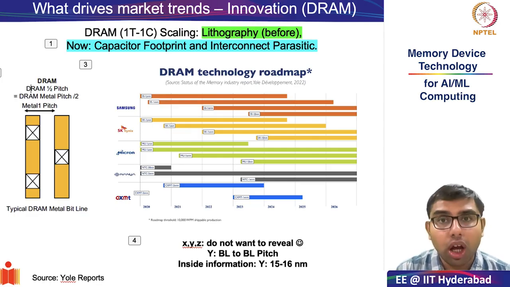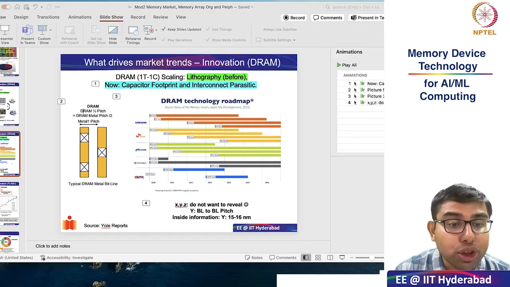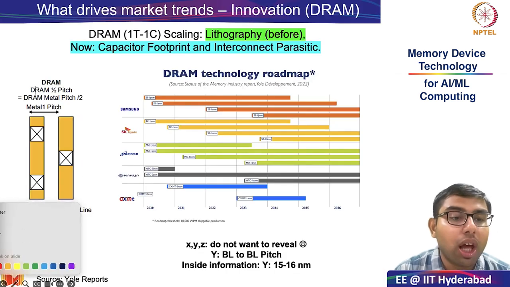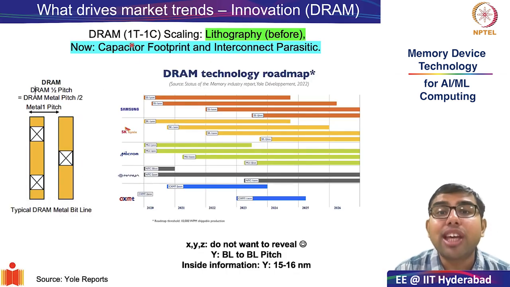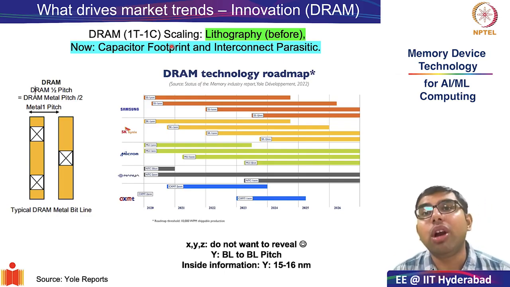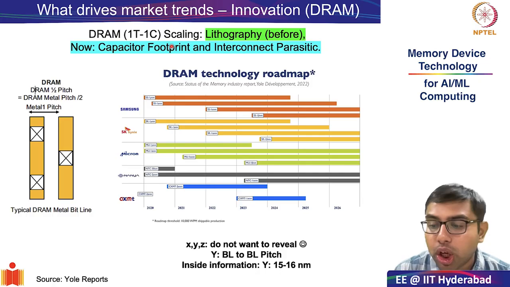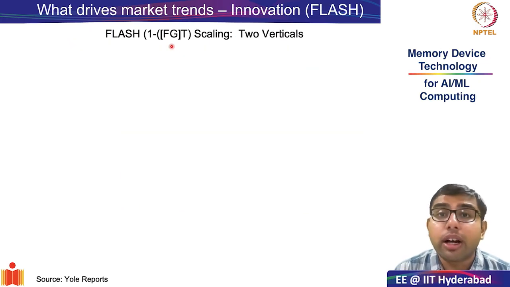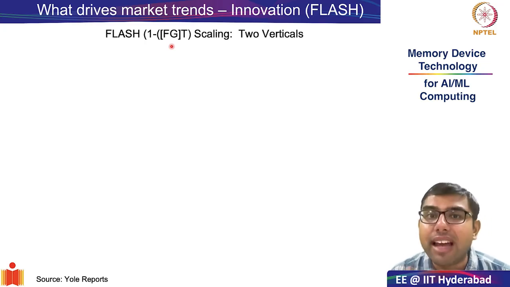For SRAM, it is primarily transistor scaling, whereas in DRAM, it is how small you can make your 1T, 1C, the capacitor footprint, and manage your interconnect parasitics. So today we will conclude our discussion on the memory market by first looking at NAND flash and also eNVMs.